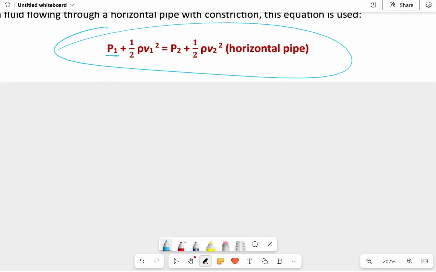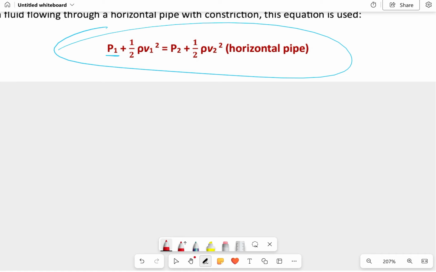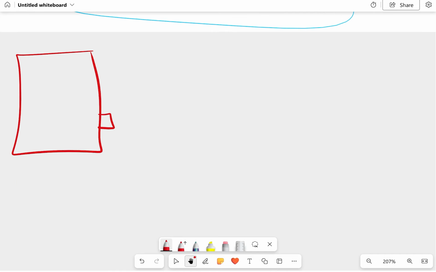You have another equation, guys, which is used for finding the velocity. Most of the time you are going to be given a tank, and it has an opening where the fluid is leaving the tank, here. It says find the velocity or the speed at which the fluid is leaving the pipe.